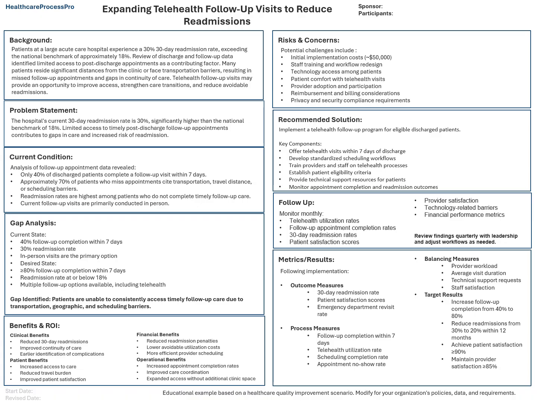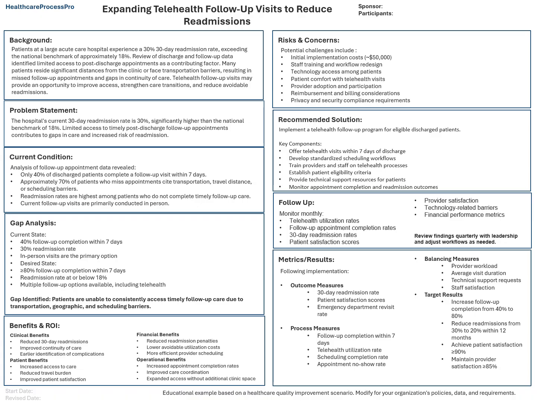Now let's take a closer look at the metrics and results section. I'll admit it, this is one of my favorite sections of the A3. Why? Because this is where the data tells the story. The purpose of this section is to define how you'll measure the success of your project using both quantitative and qualitative data.